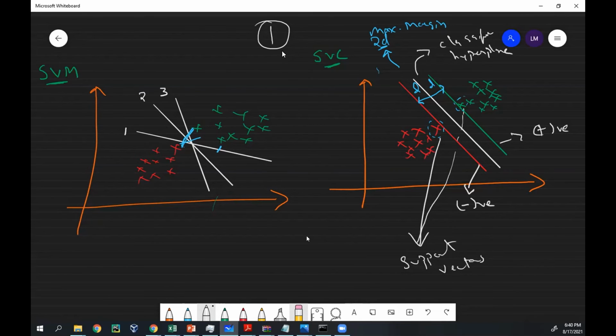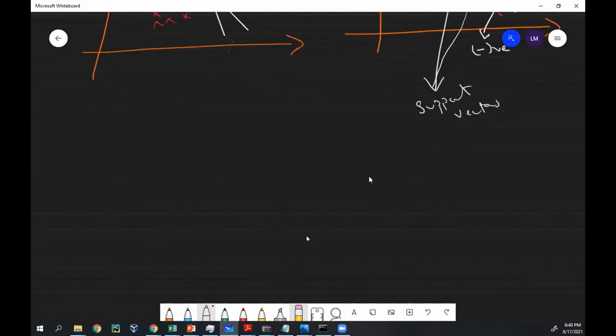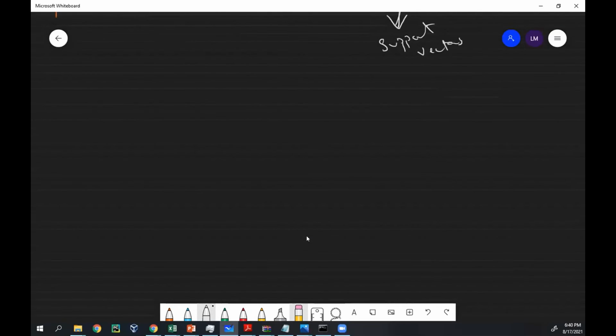But there is another feature for the support vector classifier, and we are going to see that second important feature. So what exactly is that feature? Well, let's just draw the same data set.